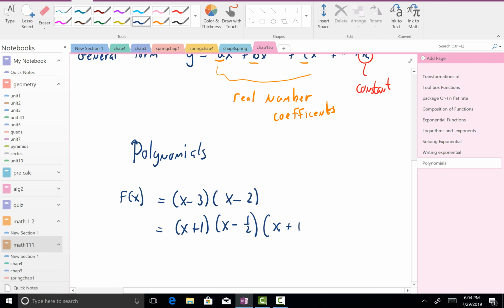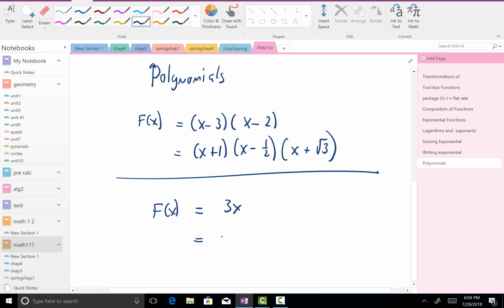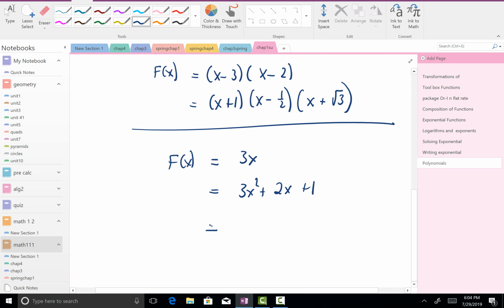You could have a fraction, you could have a root. All right, anything like that. It's a polynomial in factored form, in general form. That's a polynomial. That's a polynomial. So anything that looks like that is a polynomial, okay?